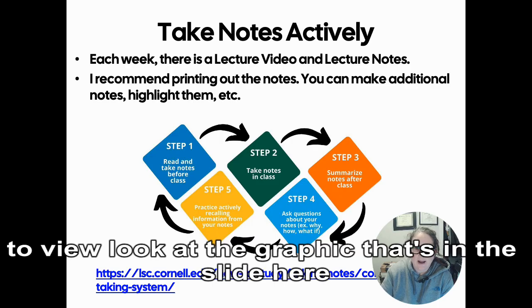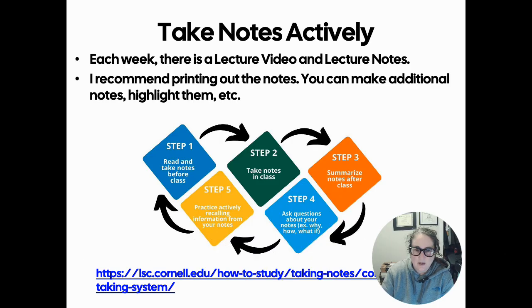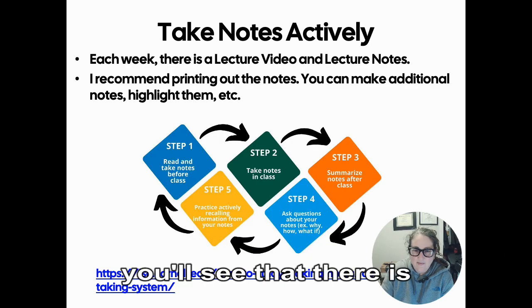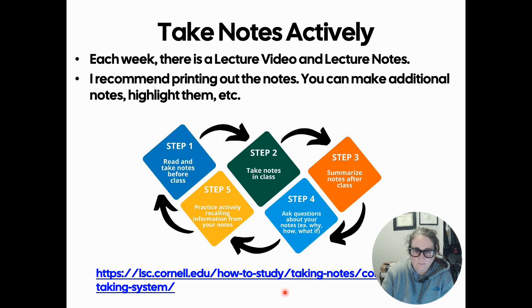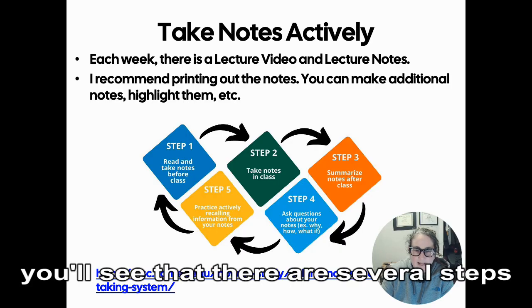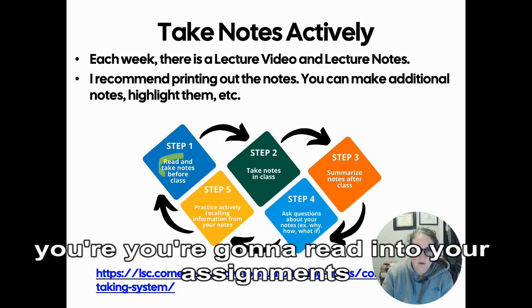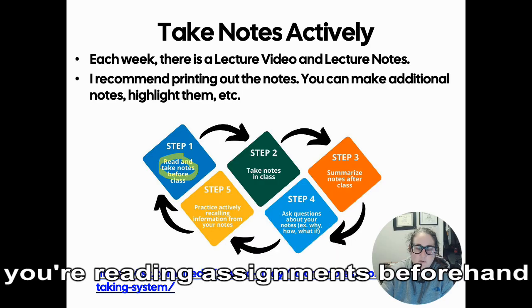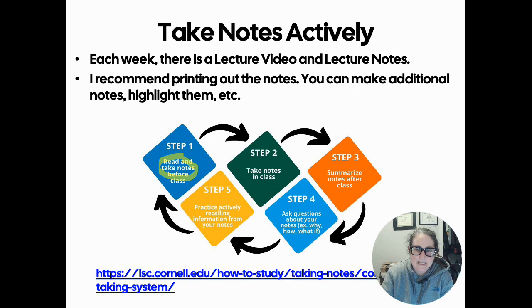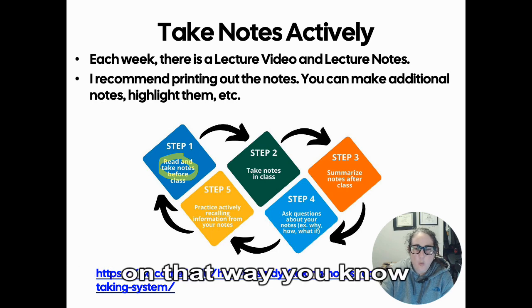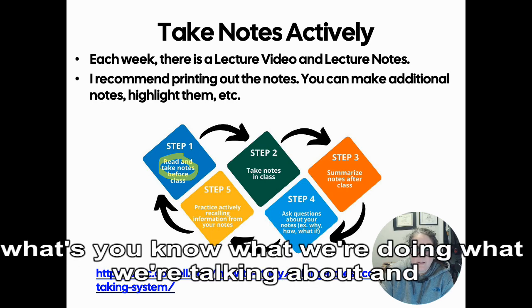So if you look at the graphic that's in this slide here, you'll see that there are several steps to this active note-taking process. The first one, you're going to read and do your reading assignments beforehand. That way you know what we're doing, what we're talking about.